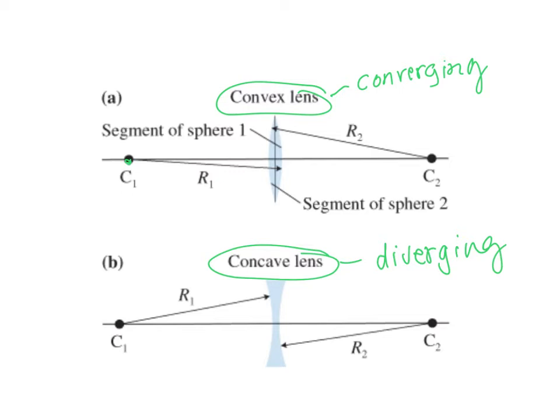Here they're showing you the center of curvature and the radius of a spherical lens. This is a convex lens, a spherical lens. The radius is on the back side here, and on this side is your center of curvature, and that radius is to the back side of this lens. And you can see the concave lens is just the opposite.